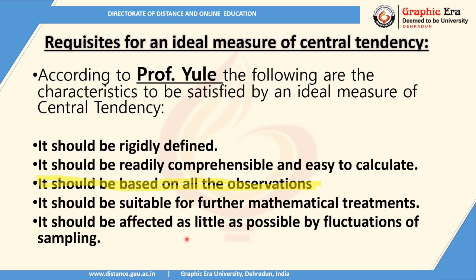It should be affected as little as possible by fluctuations of sampling. If we change some data or we add or subtract some data, the data will fluctuate, so the impact of the fluctuation should be minimum.